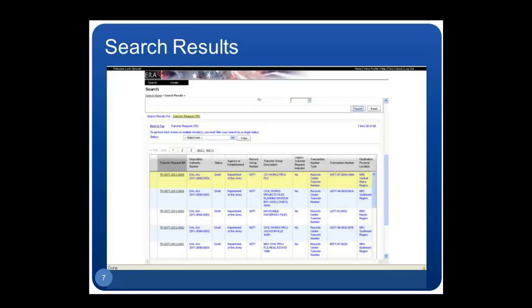It will also include several other pieces of metadata which would relate to the transfer form. This includes the ERA-generated transfer request ID, which I just covered, the ERA disposition authority, the FRC transfer number, which, as Lynn previously mentioned, is a one-to-one link with the FRC transfer number in the ARCIS system, among other fields.